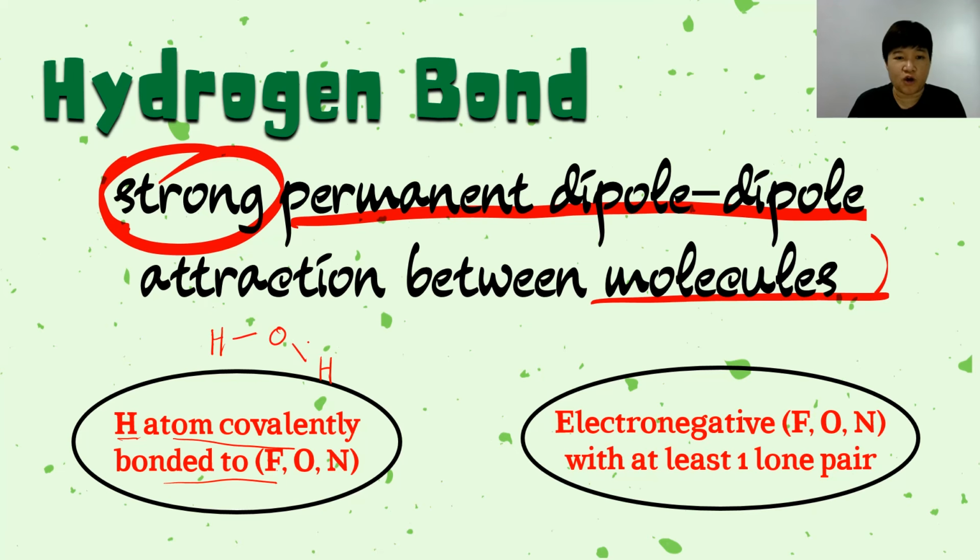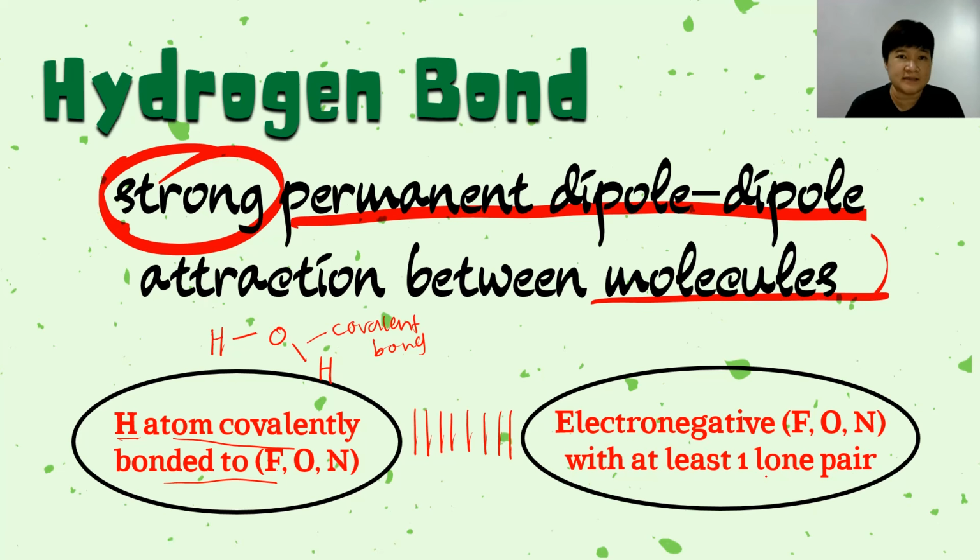So that is the covalent bond between the hydrogen and the fluorine, oxygen, or nitrogen. It will then form the hydrogen bond, the attractive forces, with the electronegative atom, fluorine, oxygen, or nitrogen, with at least one lone pair.